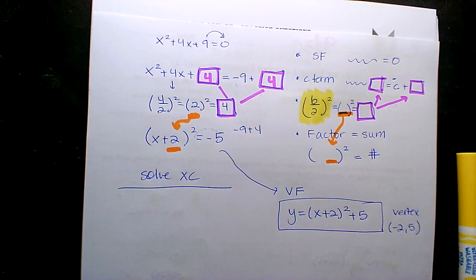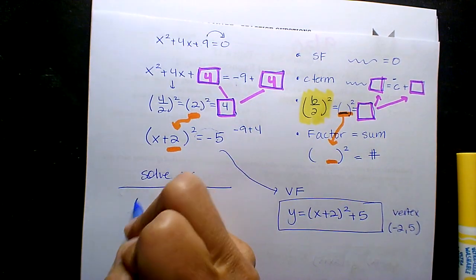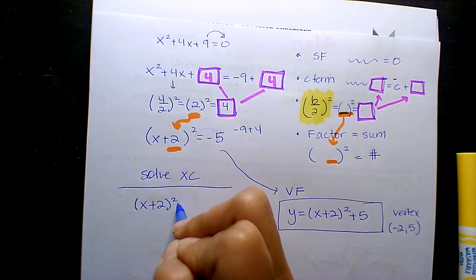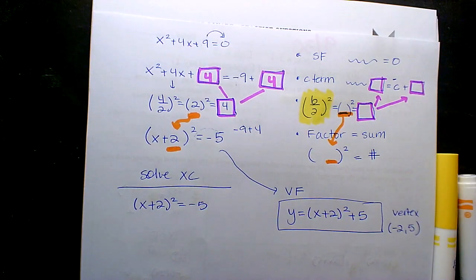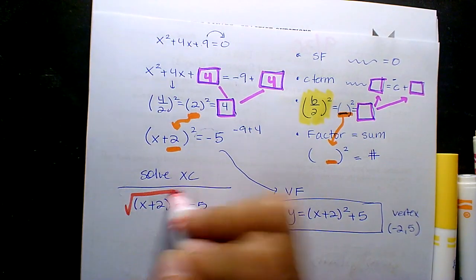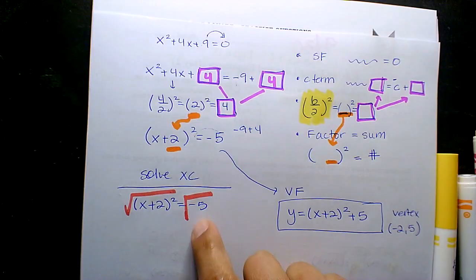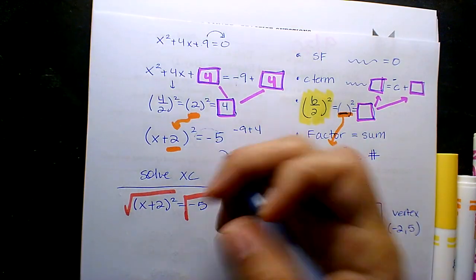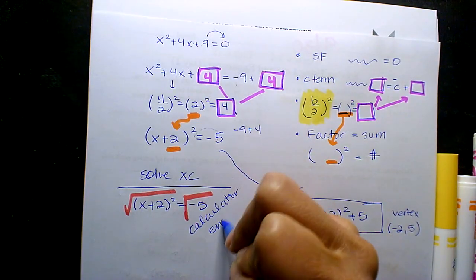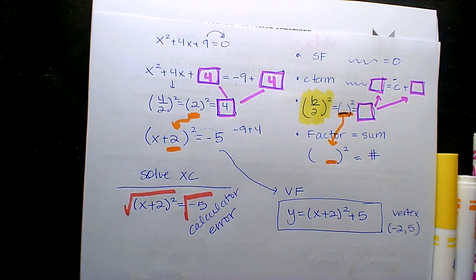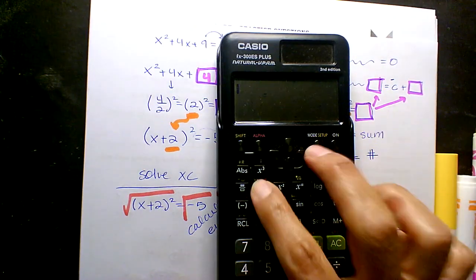So here now, if you're going for the solving where I want the intercepts, the inverse operation to squaring is square rooting. So square root, this is where you're going to get a calculator error. You cannot use the calculator, because you guys know that already, but let's just show you.